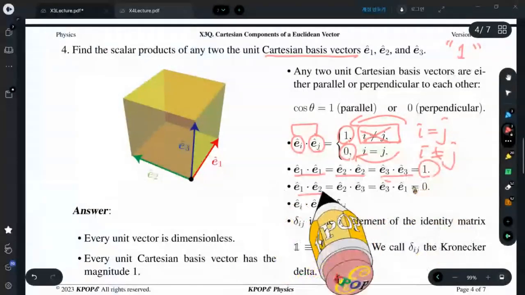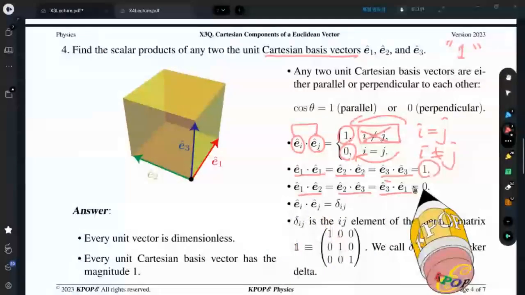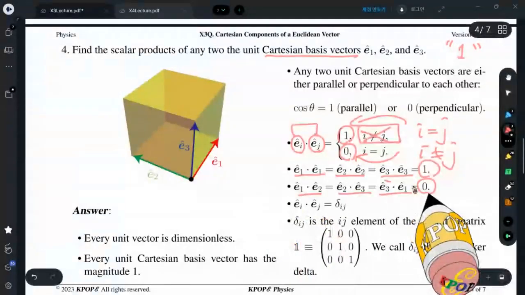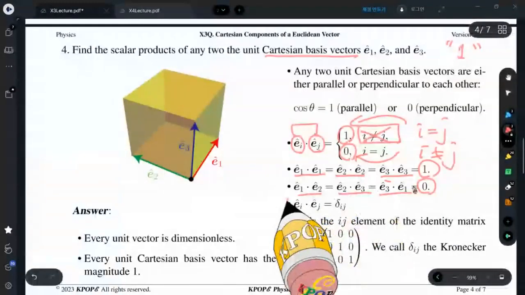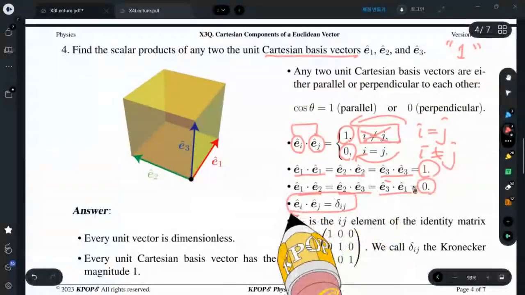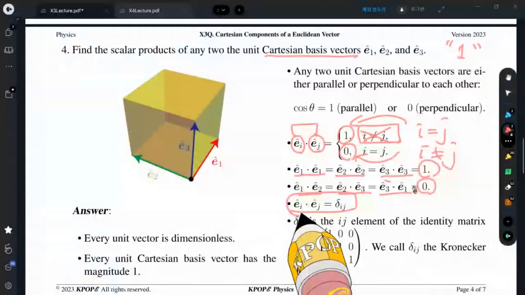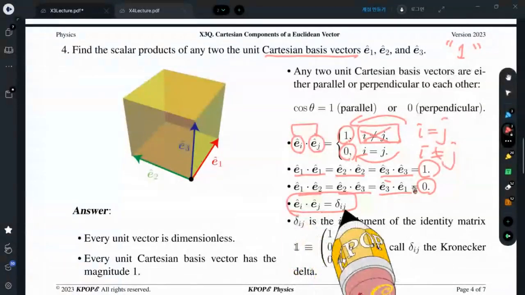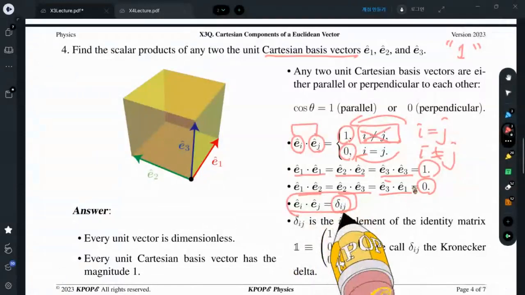And 1 with 2, 2 with 3, 3 with 1: they are all perpendicular, so cosine theta equals 0. So in a simple manner, we denote the scalar product between E_i hat and E_j hat to be delta ij. What is delta ij?